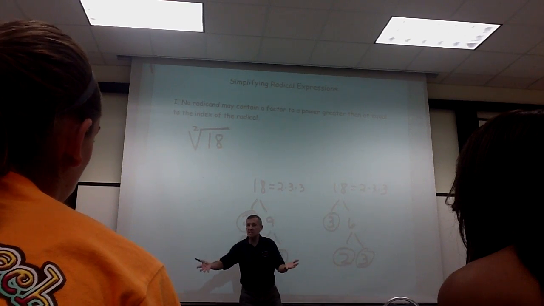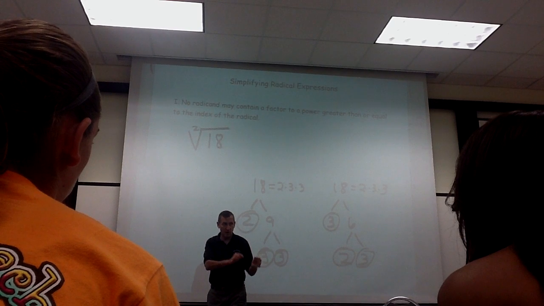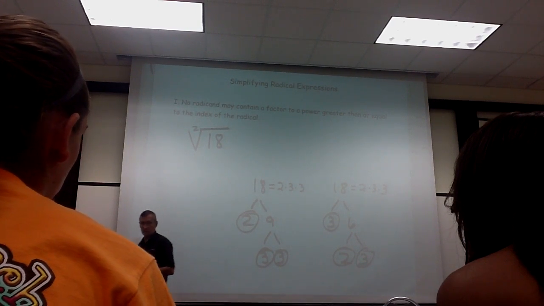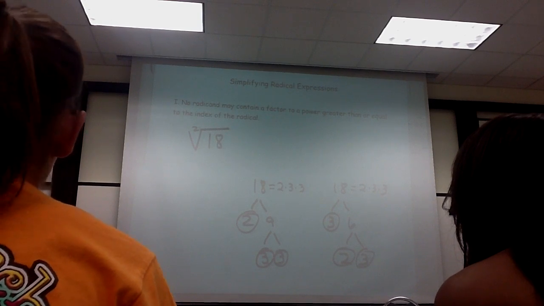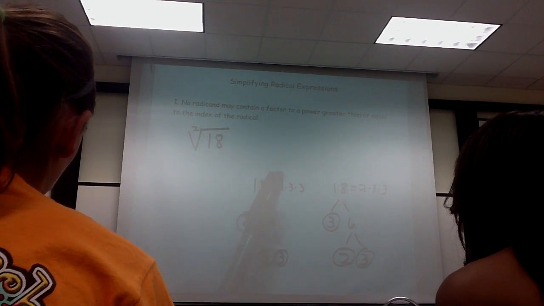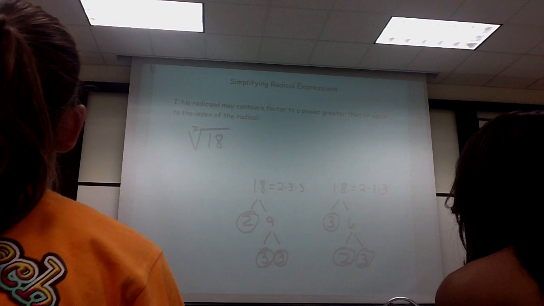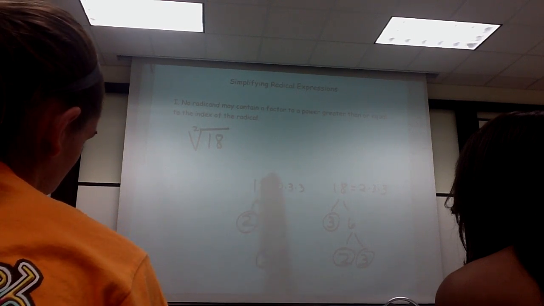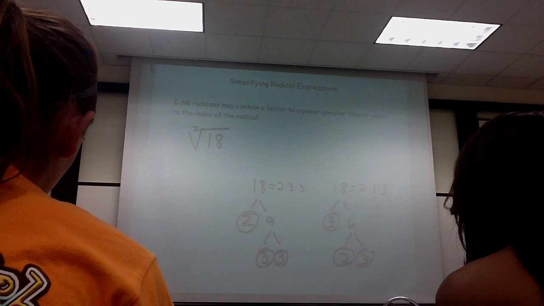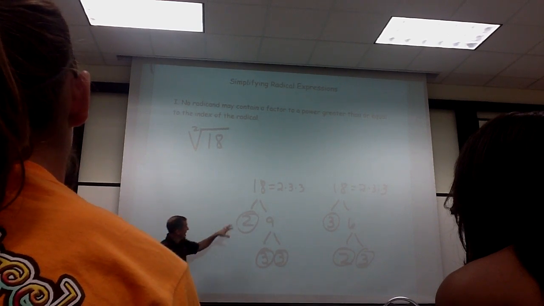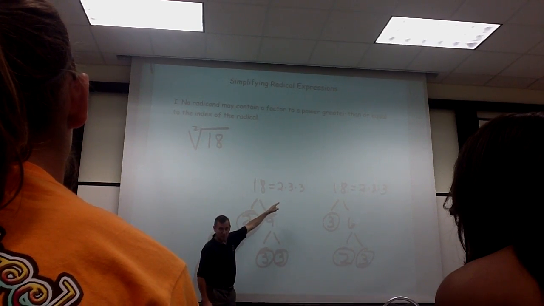There is a unique factorization into primes for every whole number. Just one. So no matter which route you take, you're going to end up with 2 times 3 times 3 for 18. So you use the factor tree, or in this case, since it's so small, a factor bush, and you get a prime factorization.